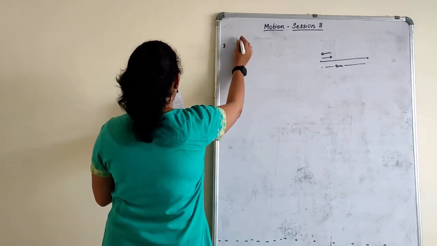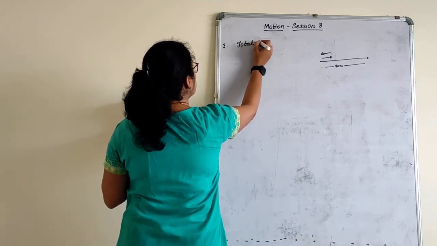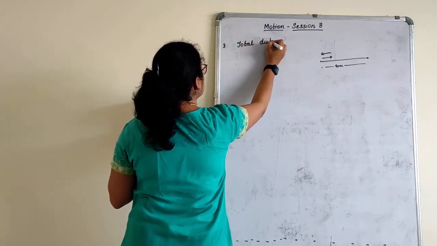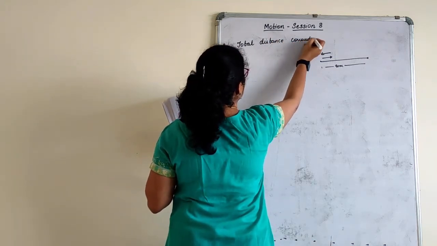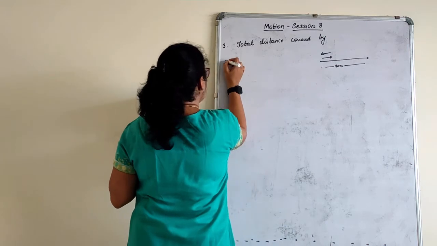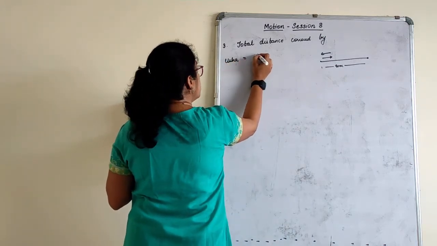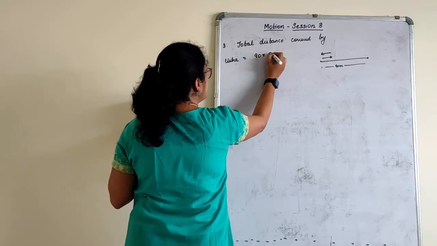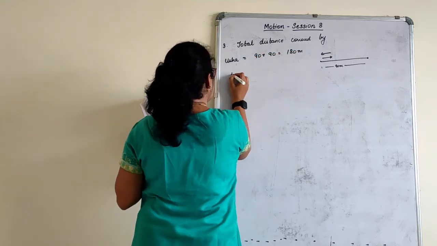So third one, total distance covered by Usha is, I can say 90 plus 90, that is equal to 180 meter.